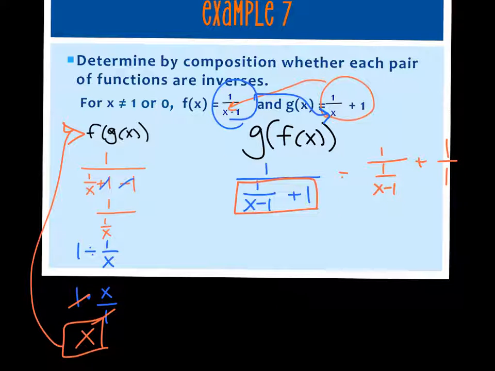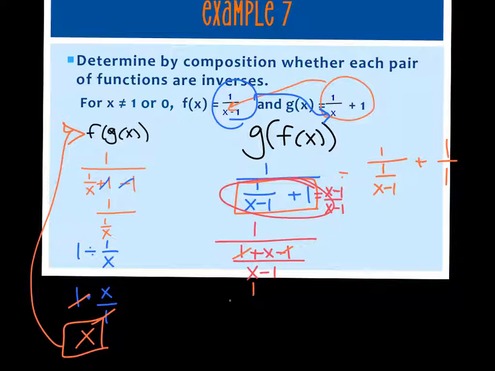But there's another way, right? How do I combine these into one fraction? What would be the least common denominator? x minus 1. So this would be x minus 1 over x minus 1. So I'd get 1 over 1 plus x minus 1 over x minus 1. The 1's here cancel. I get 1 over x minus 1.